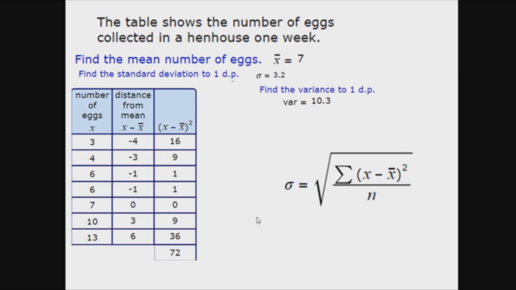I've put 72 here in the sum of x minus x bar squared, and you simply divide it by the number of values in the sample. There are 7 values in the sample, and you square root all this fraction to give 3.2.